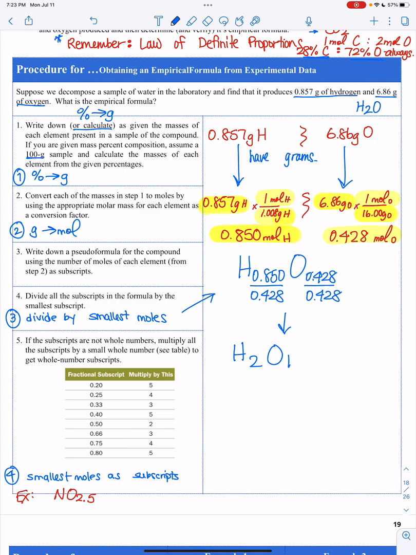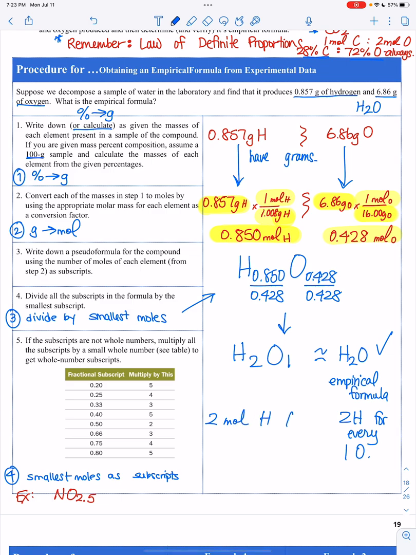So I get H2O1, which I could just write as H2O. And this is my empirical formula. Done. This has 2 hydrogens for every 1 oxygen, or 2 moles of hydrogen for every 1 mole of oxygen. This 0.428 is approximately half of the 0.85.